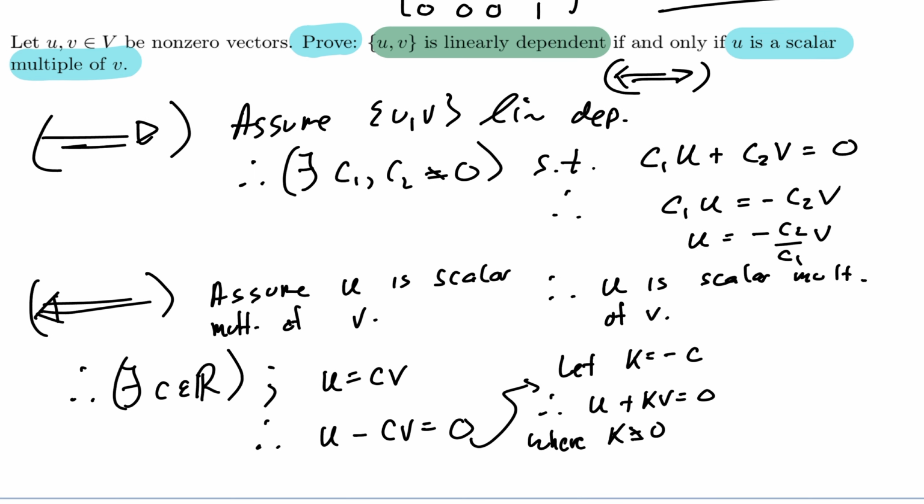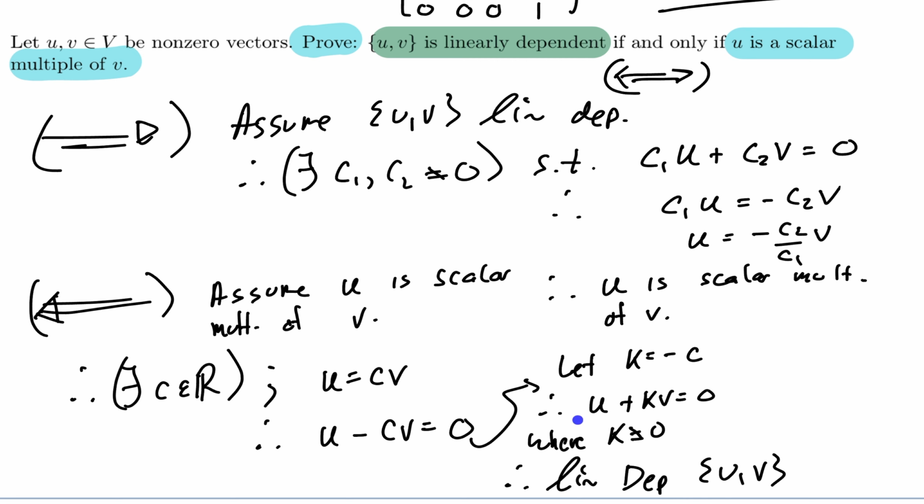So now what I've done is I've found a situation where a combination of vectors is equal to 0, but their coefficients are non-zero, and therefore this is in fact the proof showing that this is a linearly dependent set U and V, right? Because the set would be linearly independent, i.e. its negation, if the only way you could get the combination of the vectors to come out to be 0 is if the coefficients themselves are 0.